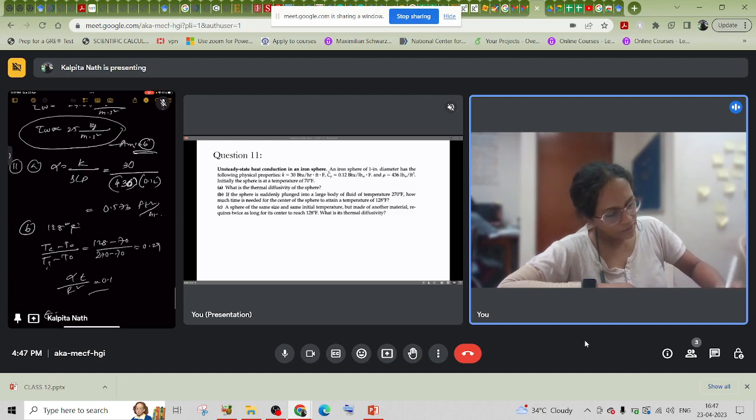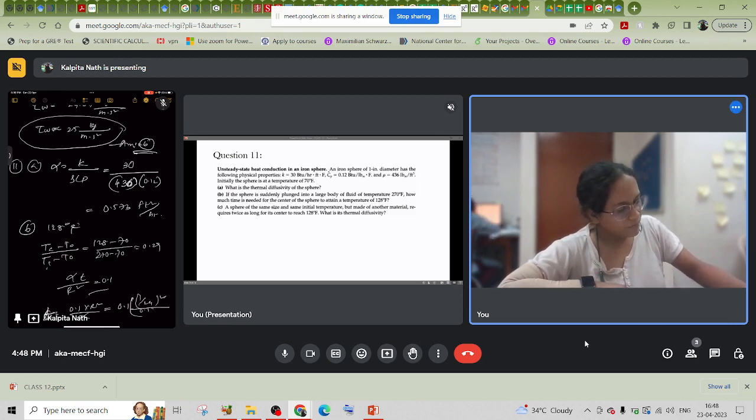So T from here gives 0.1 into R square by alpha, that is 0.1 into (1 by 24) whole square by 0.573.